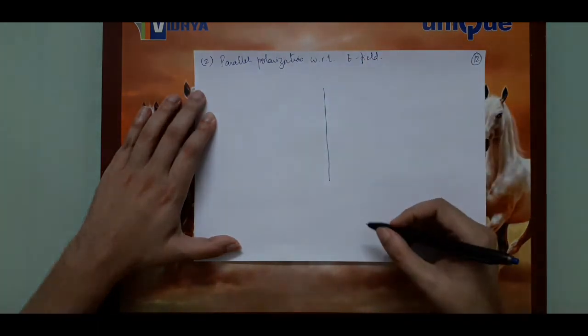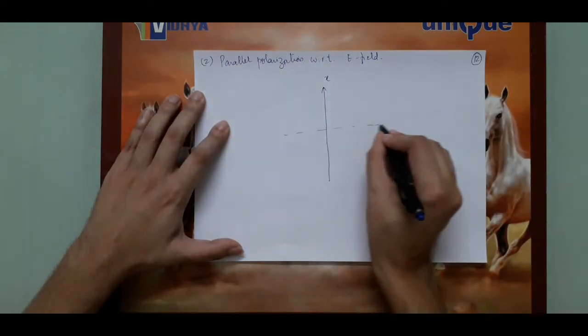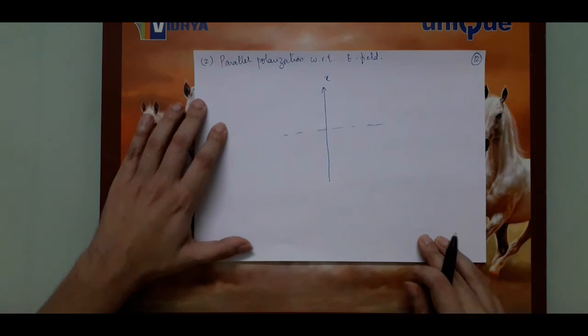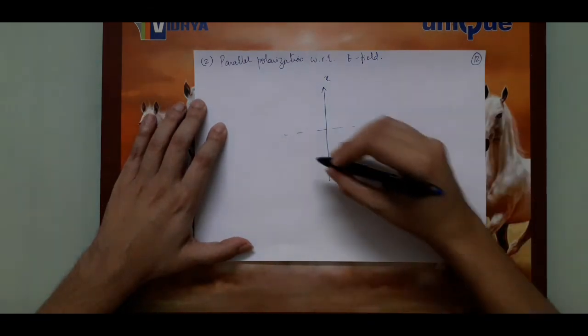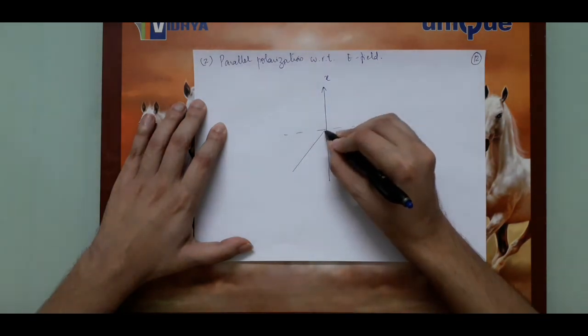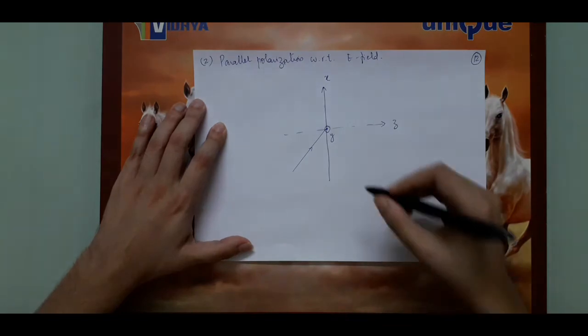So we have this X. Now I shall analyze this much faster than the earlier case. This is Z, and if you assume that a wave is incident at this point, this is the y-axis.